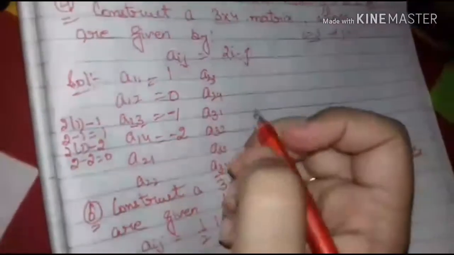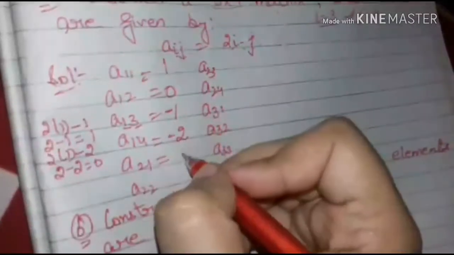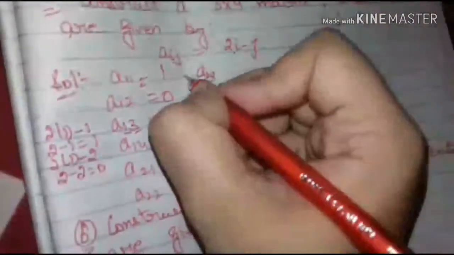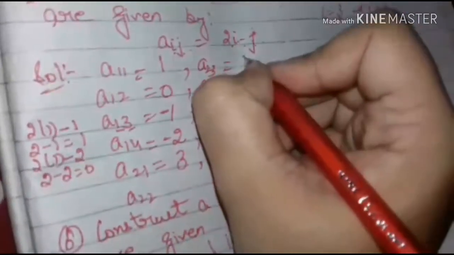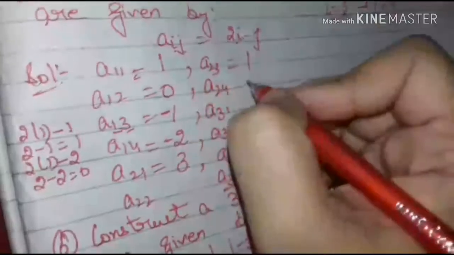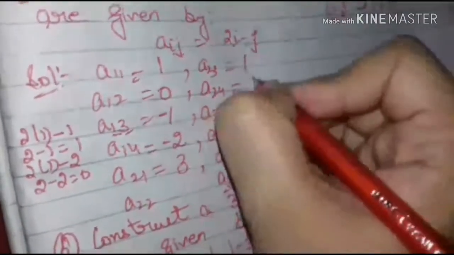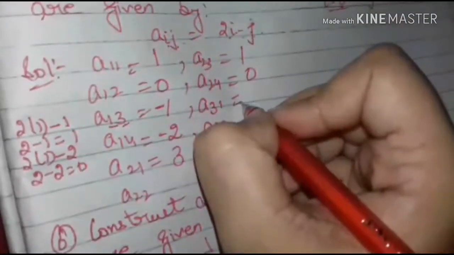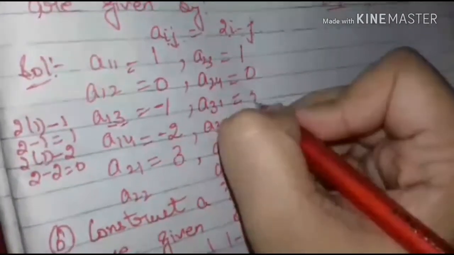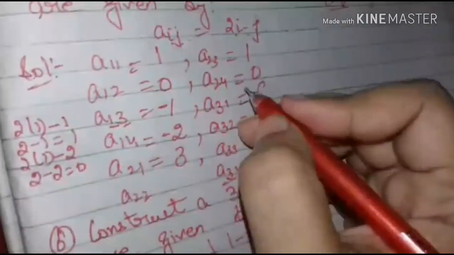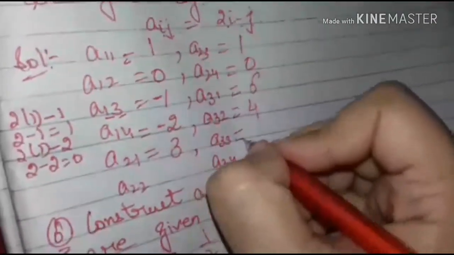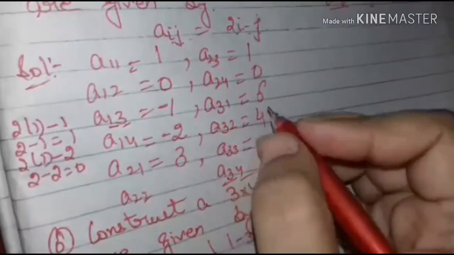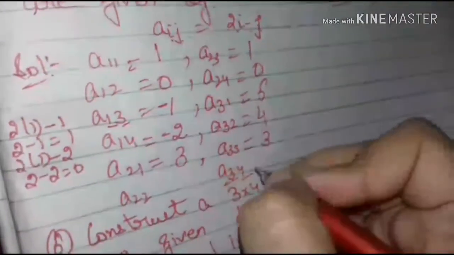The next element will be minus 2, and then the next row: 4 minus 3 is equal to 1, 4 minus 4 is equal to 0. 6 minus 1 is equal to 5, 6 minus 2 is equal to 4, and 6 minus 3 is equal to 3.